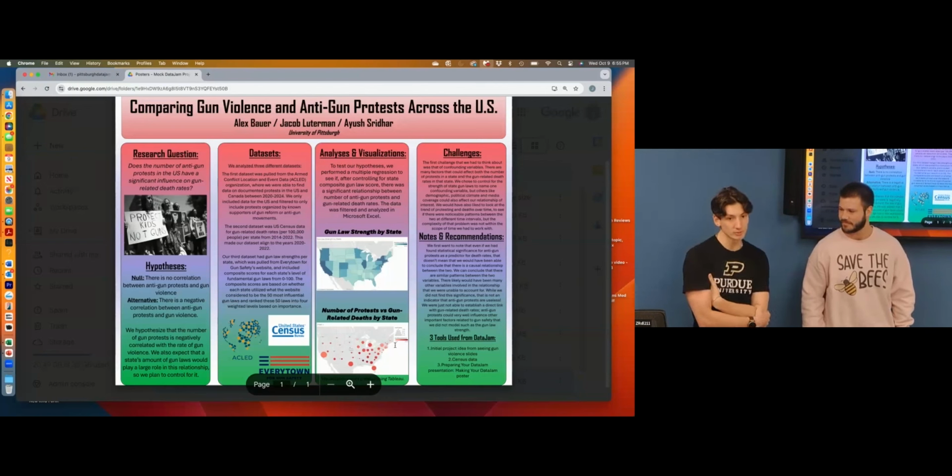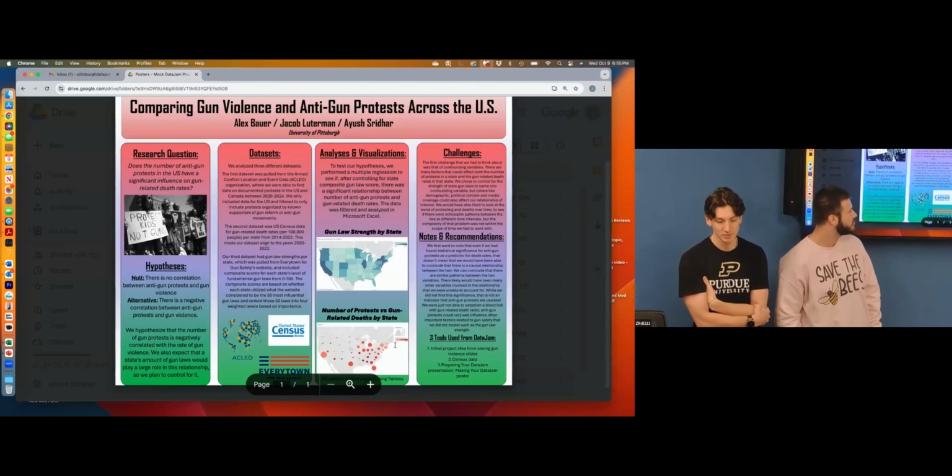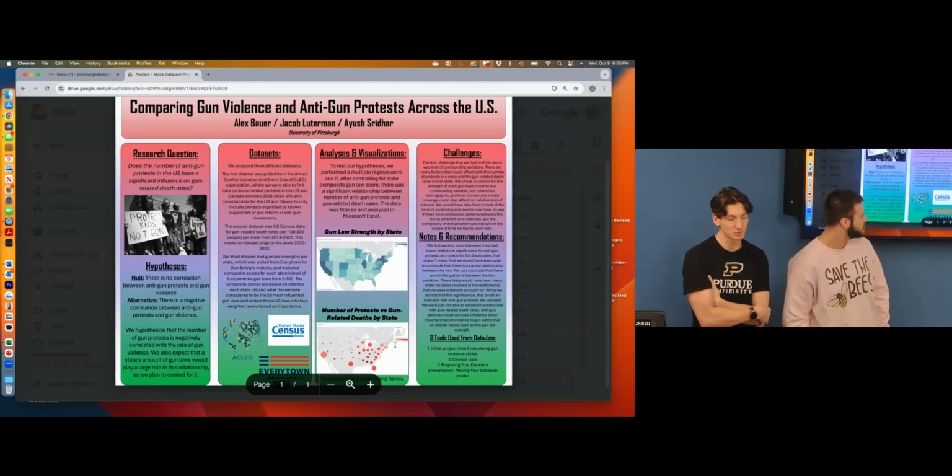We wanted to examine whether year to year a continuous number of gun protests showed a decrease in gun-related deaths across time. Doing that for every state was a little bit out of the scope of the time that we had available, so we decided to cut down and just look, ignoring time, at whether we see a relationship between protests and gun-related deaths.